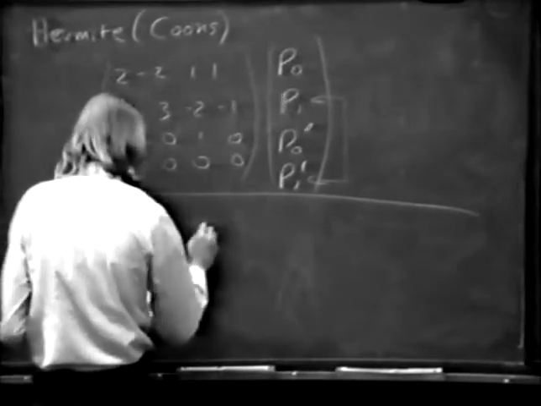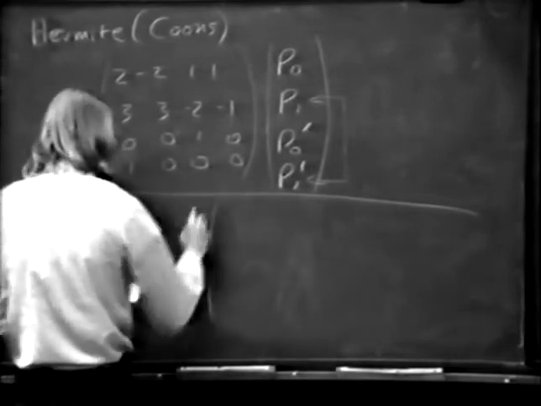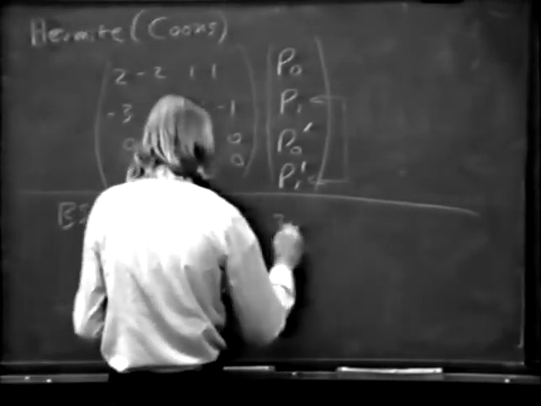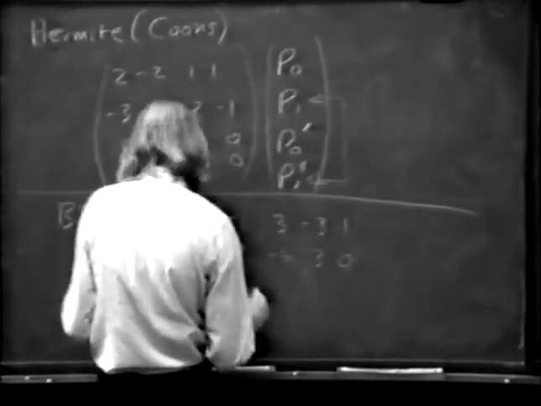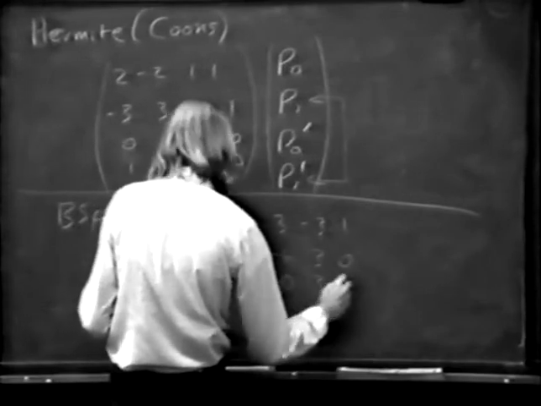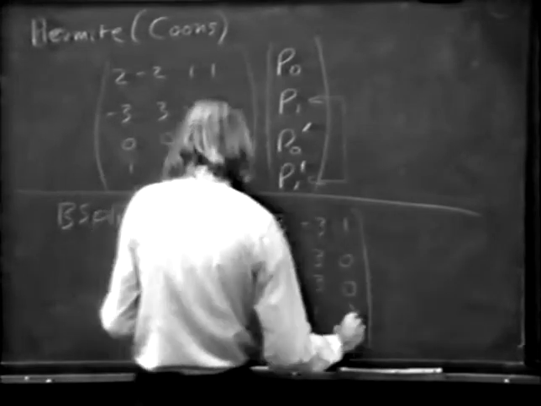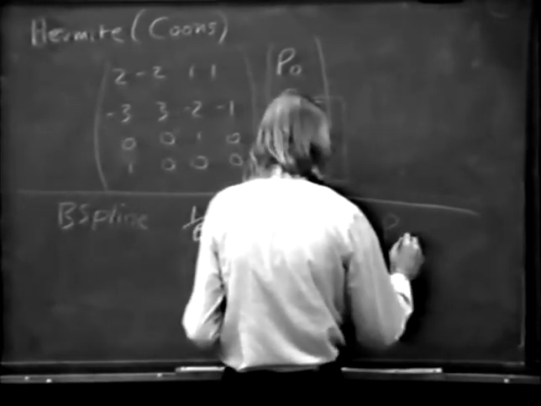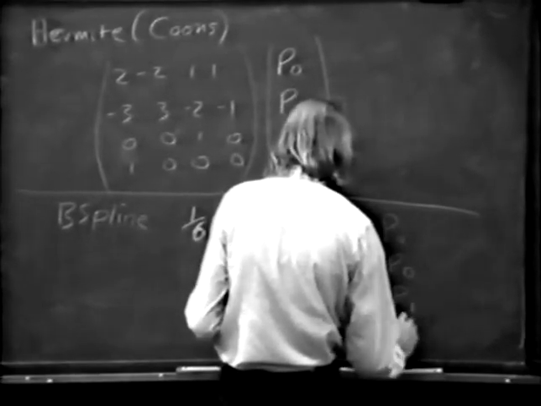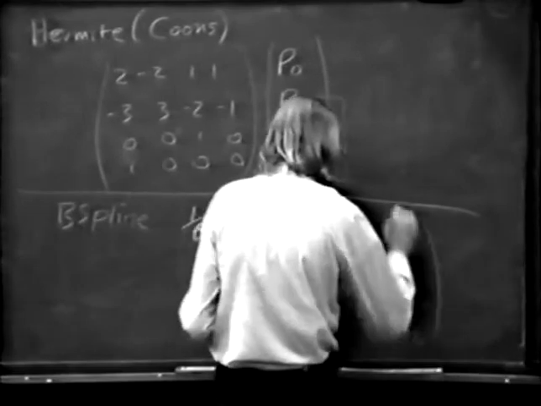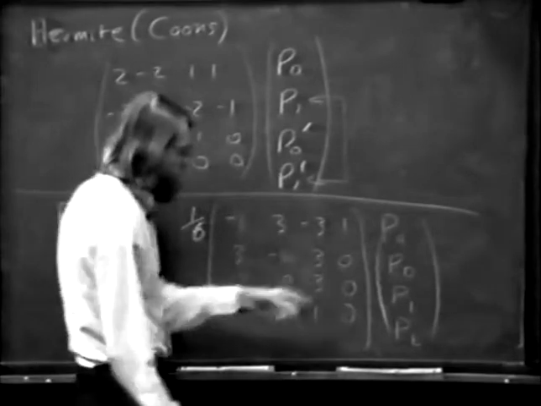B-spline. Factor 1/6 out here. This thing takes the 4 control points.